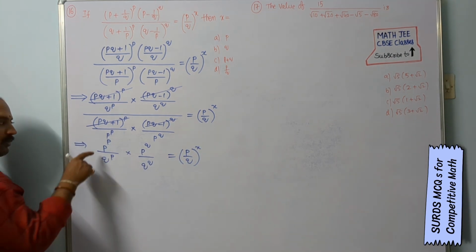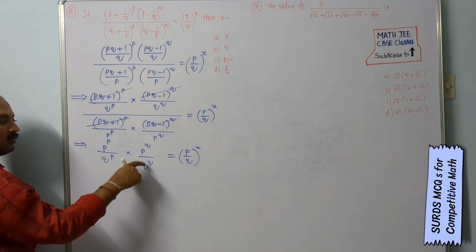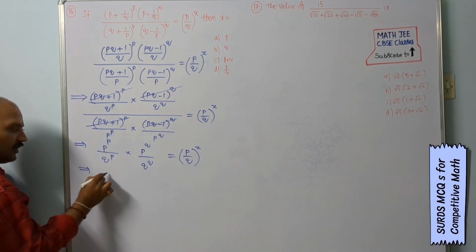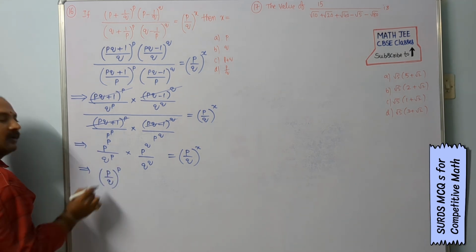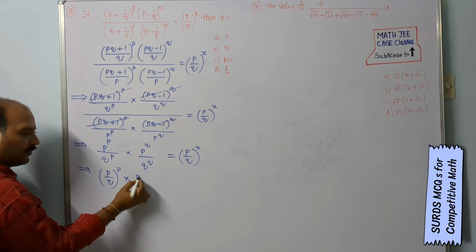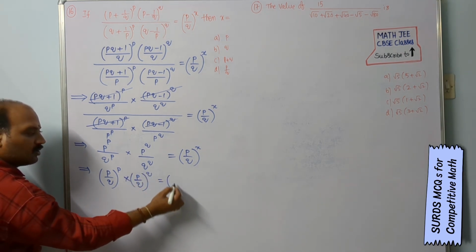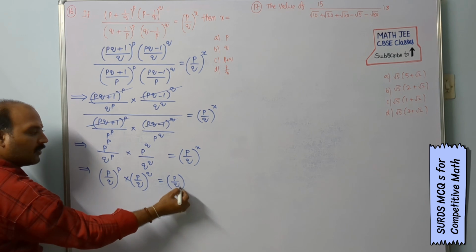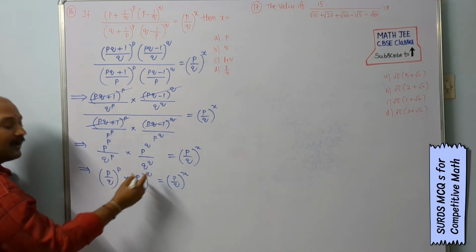Dear students, you remember p power p, q power p, even here also p power q, q power q. We can write it as (p by q) whole power p into (p by q) whole power q is equal to (p by q) whole power x. Bases are equal, powers should be added.